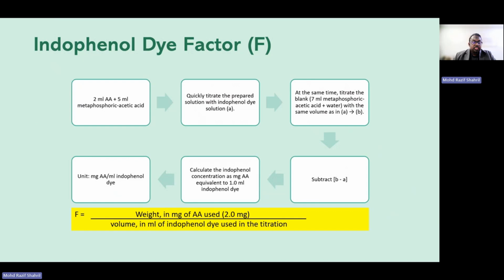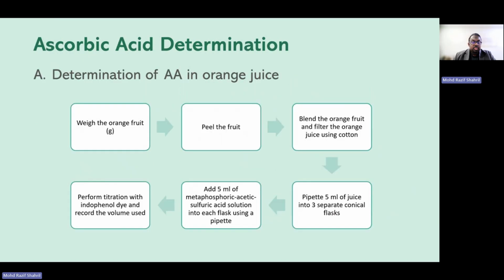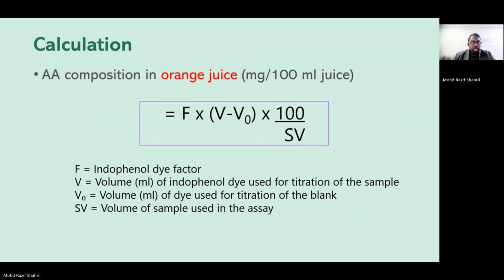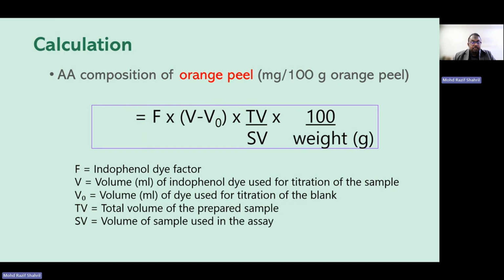So let's do a quick exercise. If you use 2 milligrams of ascorbic acid and it takes an average of 7.7 ml of dye to reach the endpoint, our F value is 2 divided by 7.7, which is equal to 0.26 milligram per ml.